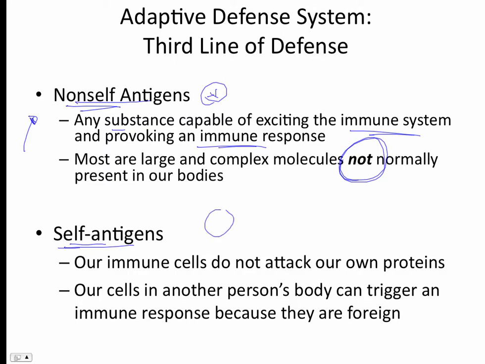Now, here's your cell, and we'll just say this is a red blood cell within your body. A great example of this is in Chapter 10 when we looked at blood. Let's say you're type AB positive. What does that mean? You have all those surface markers for the A antigen, the B antigen, and the Rh antigen on top of your red blood cell.